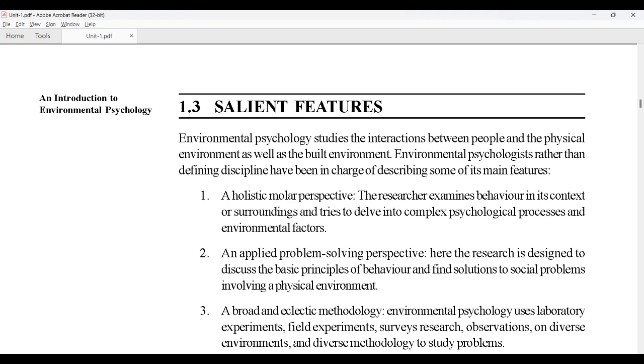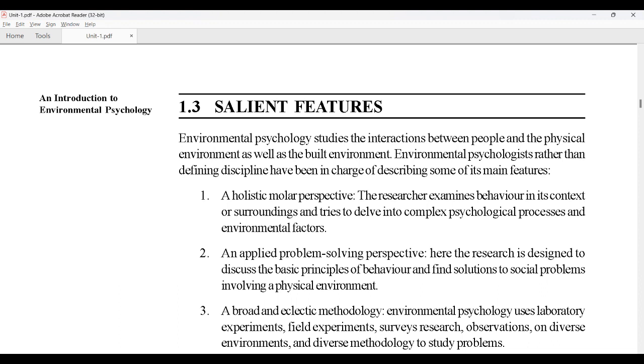1.3 Salient features. Environmental psychology studies the interactions between people and the physical environment as well as the built environment. Environmental psychologists, rather than defining the discipline, have been in charge of describing some of its main features. 1. A holistic molar perspective.